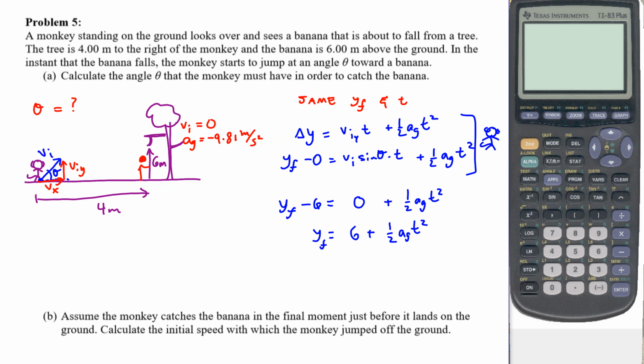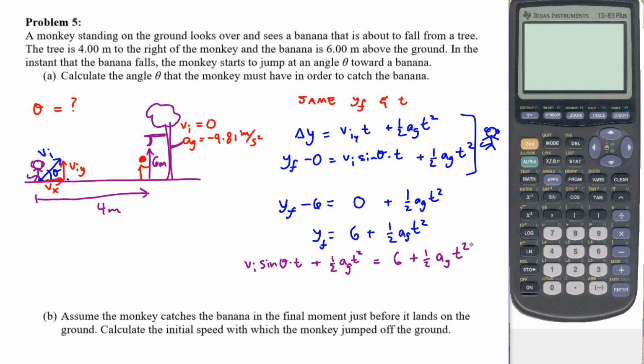All right, when we equate those, we have vi sine theta multiplied by time plus 1/2 a t squared is equal to 6. Now I'm getting this one, plus 1/2 a t squared.